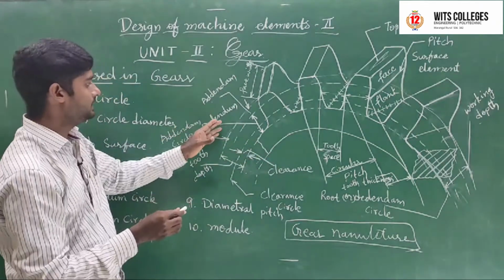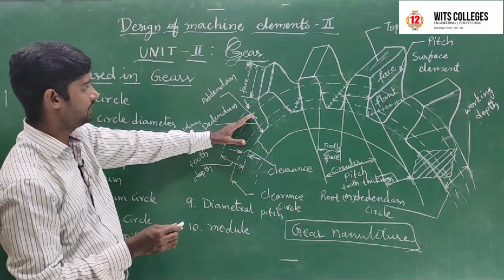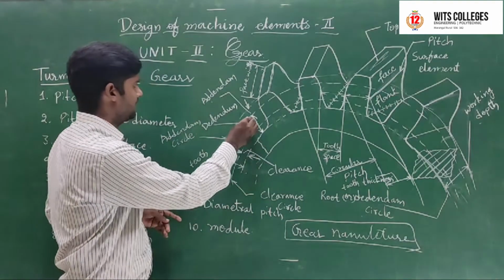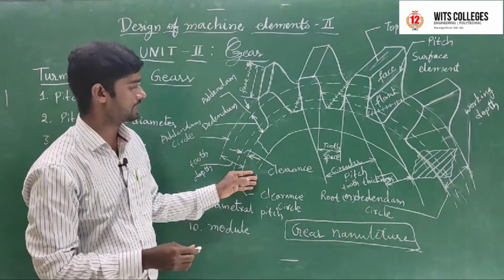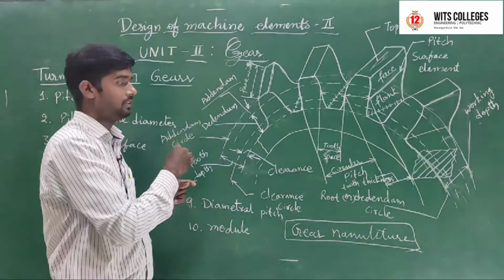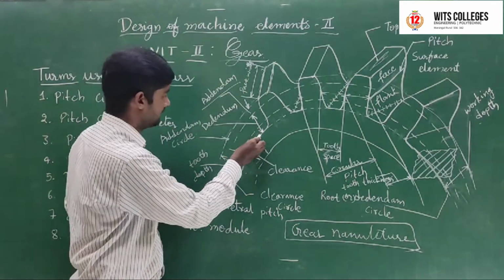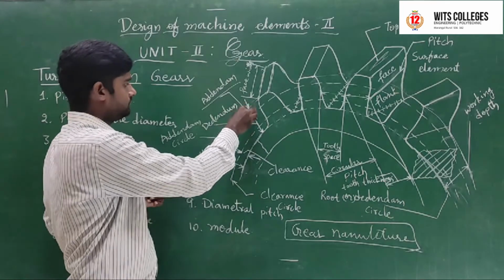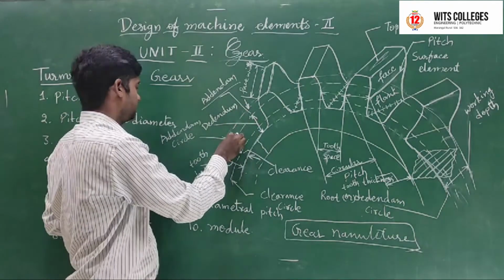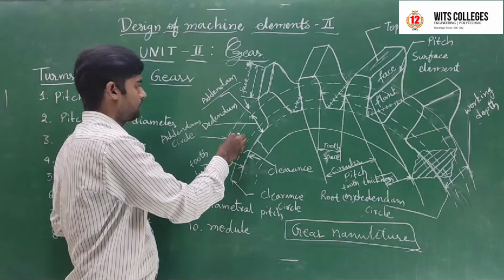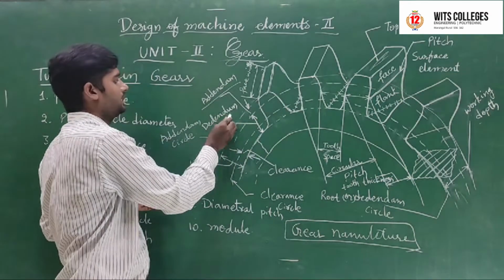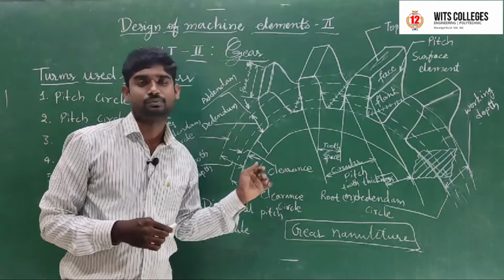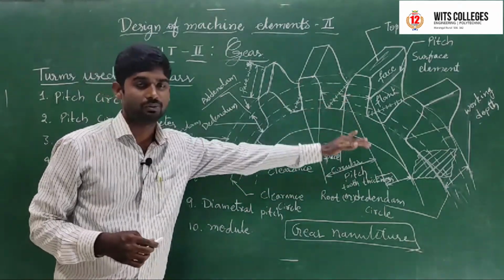The distance between the addendum circle and the pitch circle is called the addendum. Next, this is the dedendum circle. The distance between the dedendum circle and the pitch circle is the dedendum. These are some important terms used in tooth nomenclature.